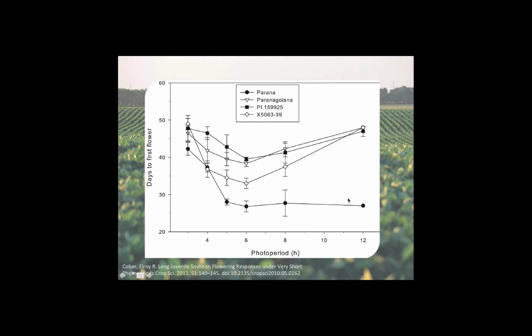And we see when the long juvenile trait is not present, flowering will occur in around 25 days. However, when the long juvenile trait is present, and in this we had 3 different genetic backgrounds, they all exhibit a similar phenotype where they have delayed flowering until 45 days, which may be the more optimal vegetative stage.